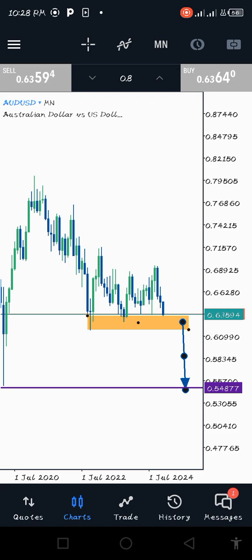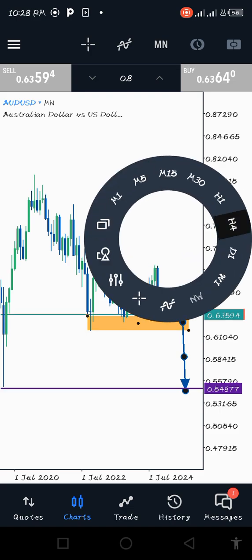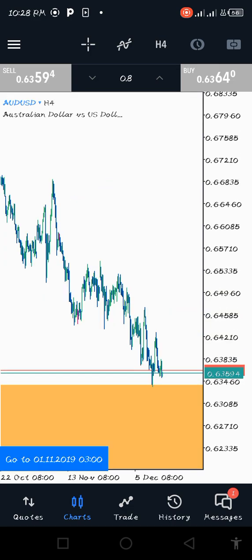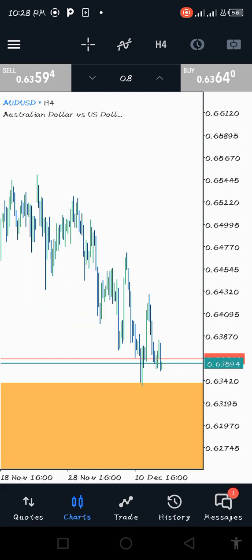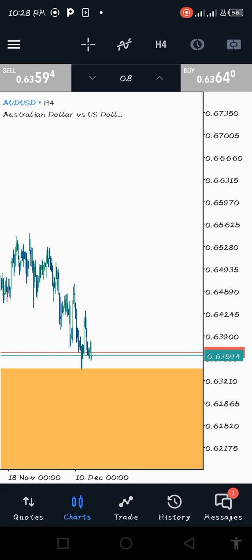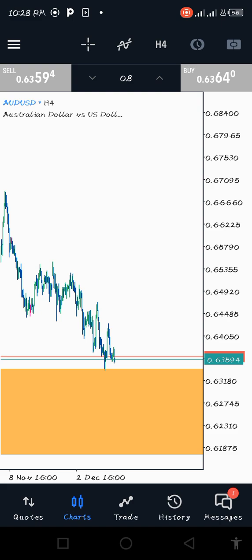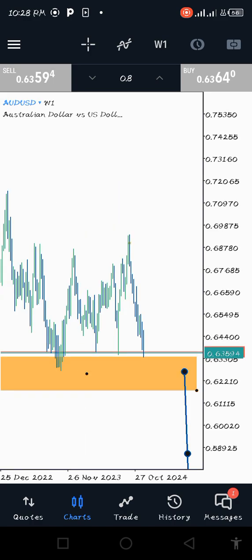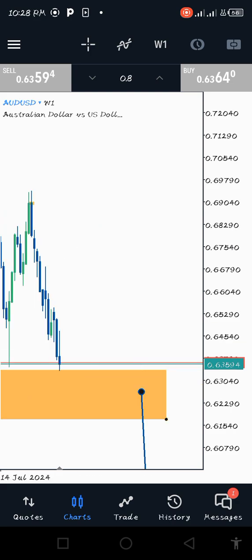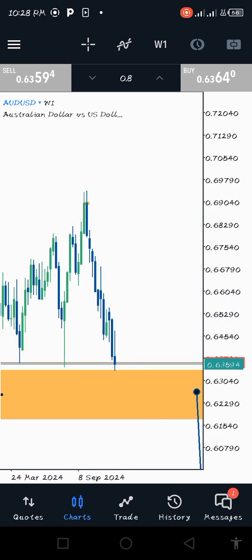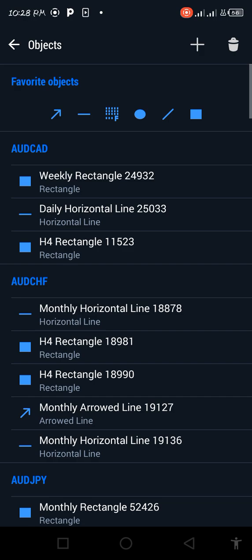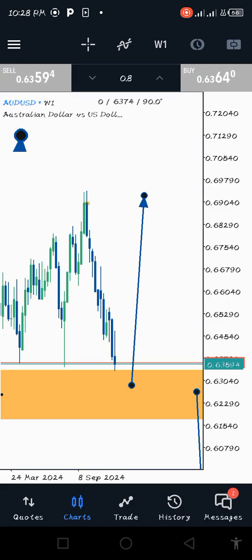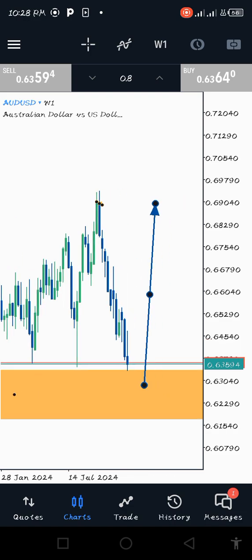So if we see on the 4-hour time frame a change of character from that zone, when price fully enters that zone or interacts with that zone, and we see a change in character, then we can consider taking buying opportunities back up to this zone basically.